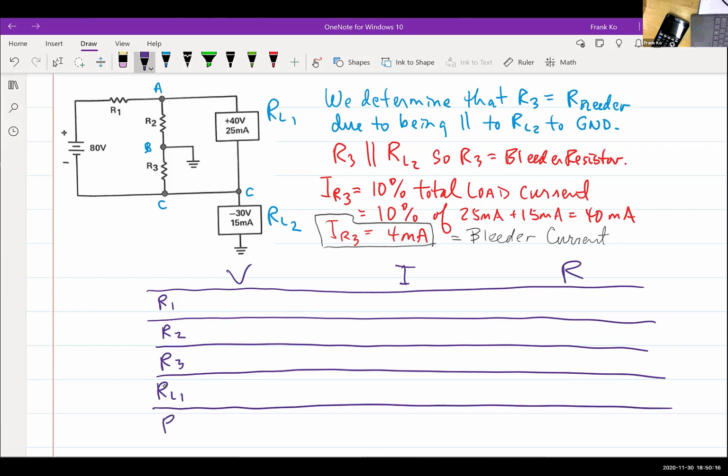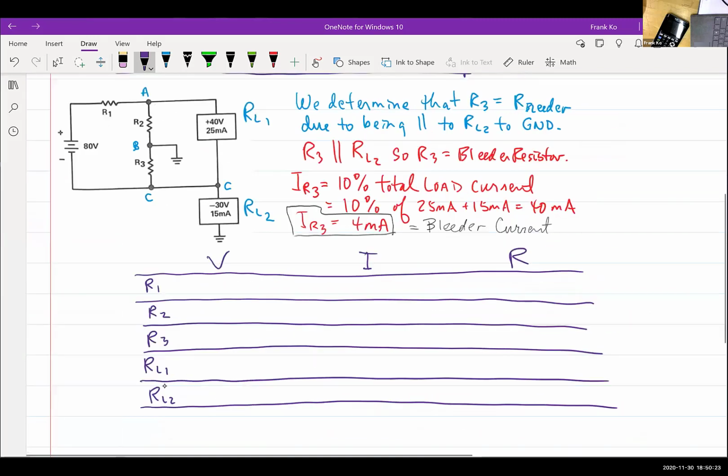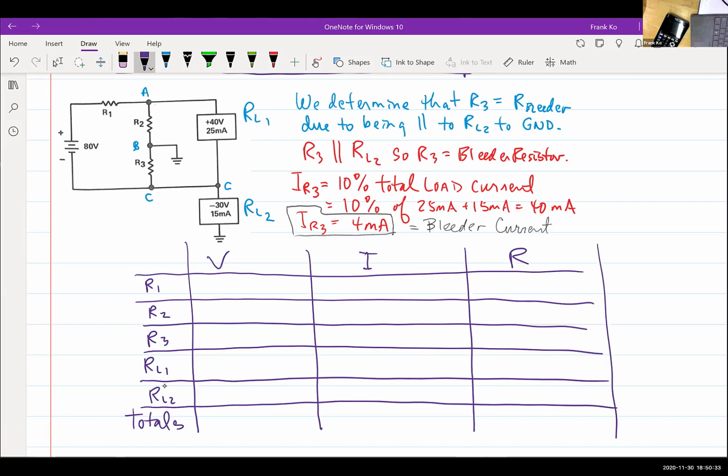I need an RL2. Shrink this up just a touch more. And totals. Okay, 3 columns, 6 rows, 18 cells.